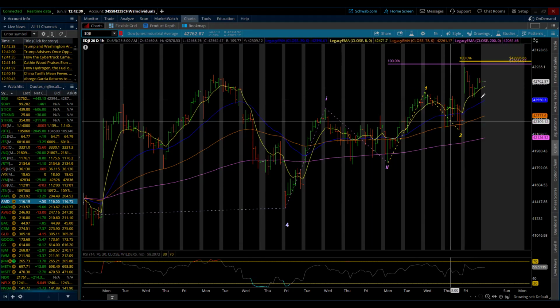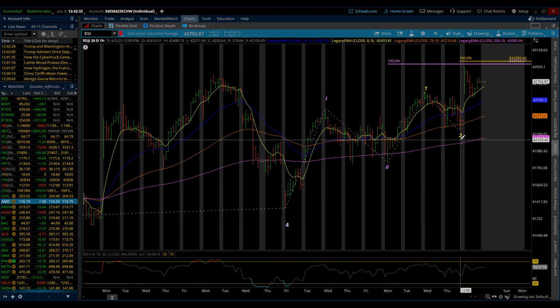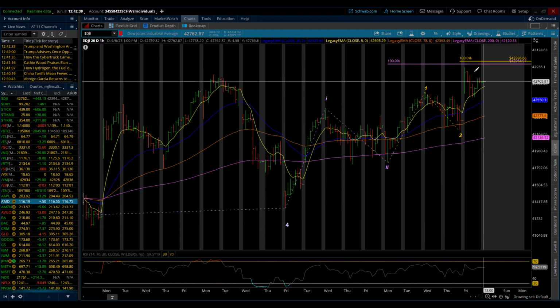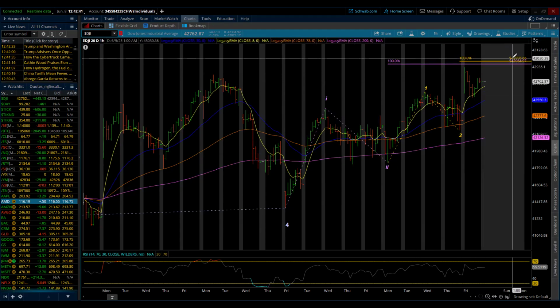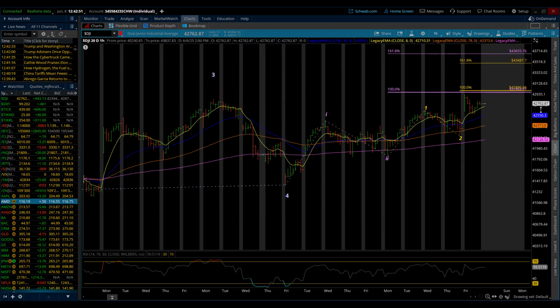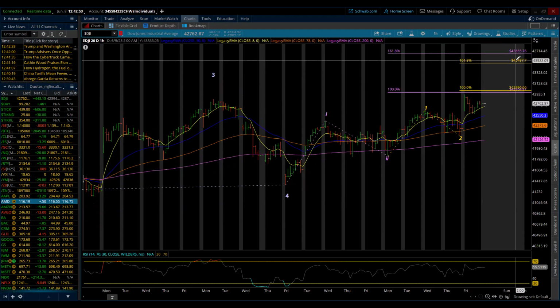All right, so here in the Dow, I think if we have for wave three, just doing simple fibs, wave three would be 100% of wave one at 42,000. Let's just call it 43,000, 42,996, 997. Might as well say 43,000. But 1.618 is 43,488. And I think that's very achievable.